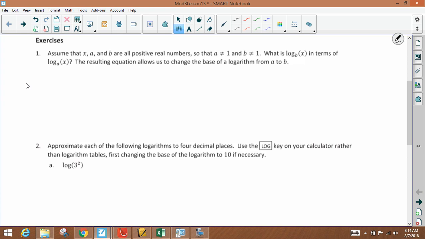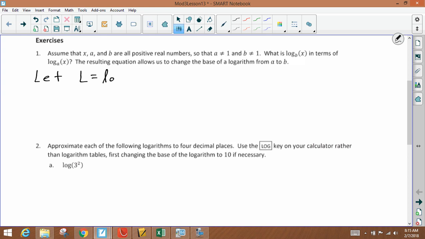So for instance, if I had something in log base 3, I would be able to write it as log base 10. I can change the base from log base 3 to log base 10.